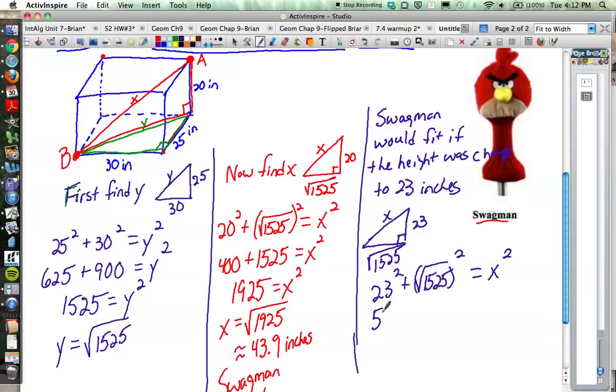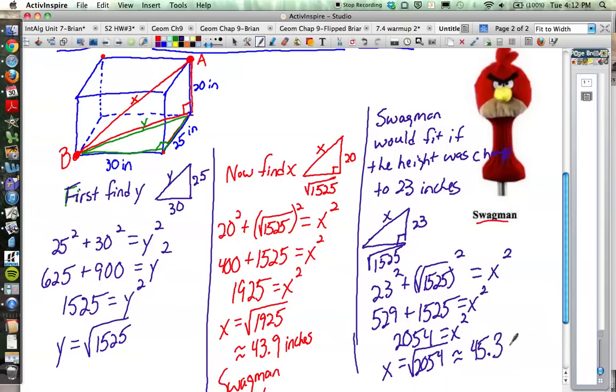That would be 529 plus 1,525, which is 2,054 equal to x squared. So x is the square root of 2,054, which is about 45.3 inches. Okay, so 45.3 inches should fit Swagman. Swagman's 45 inches. It's going to be tight, but mathematically, that looks like it's going to work.